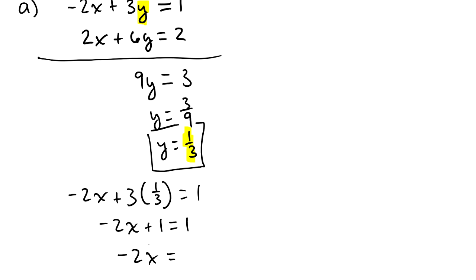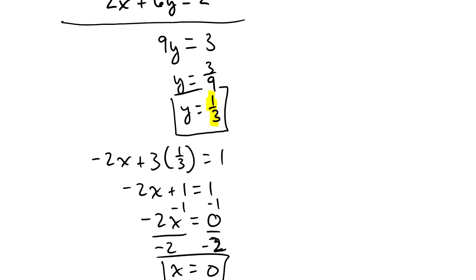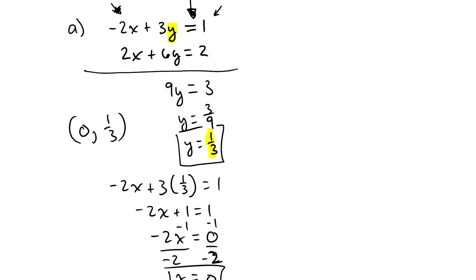What's going to go there? Well, I'm taking away 1 from each side. What goes there is the number 0. And if I divide both sides of this by negative 2, I do get that x is 0 divided by negative 2, which is 0. So my solution is the point x is 0, y is 1/3. X is 0, y is 1/3.